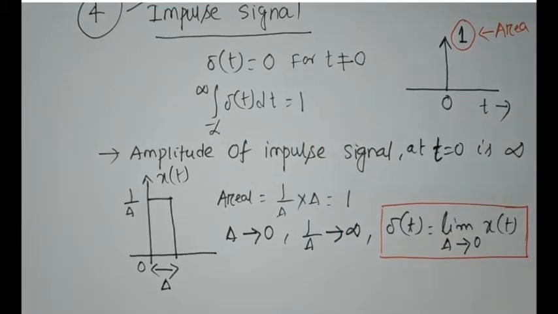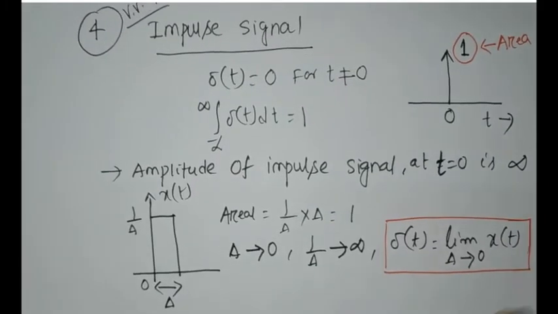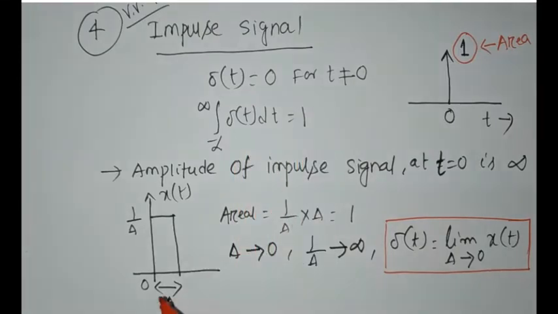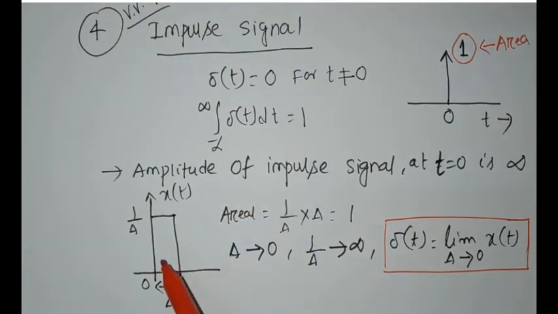What is the definition? The impulse signal δ(t) equals 0 for t not equal to 0, and the area under the impulse signal is 1. Now if you see, the area of the signal x(t) is 1, and when Δ tends to 0, its amplitude 1/Δ equals infinity.